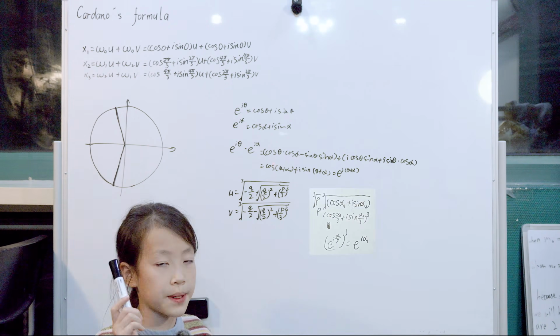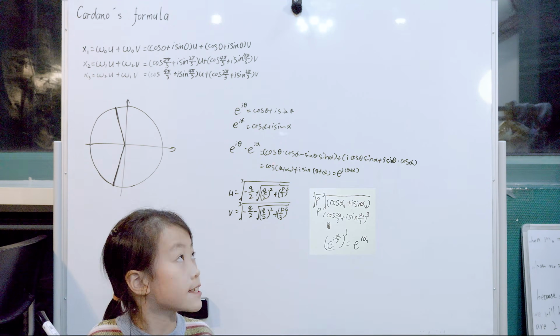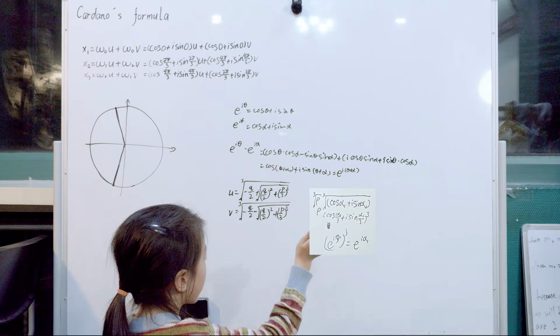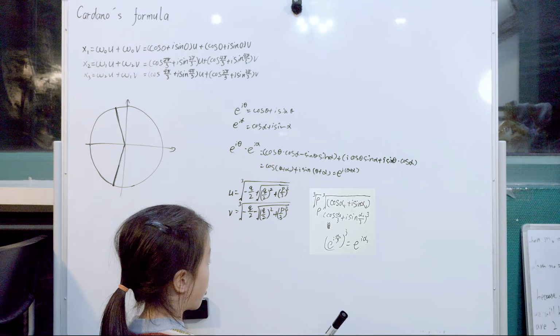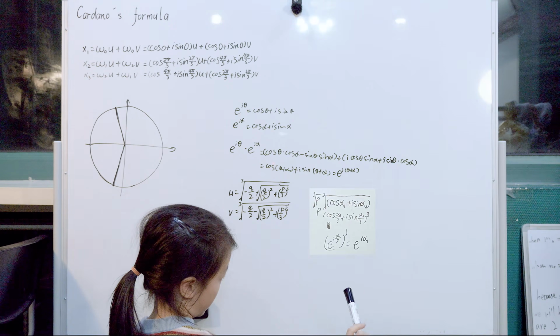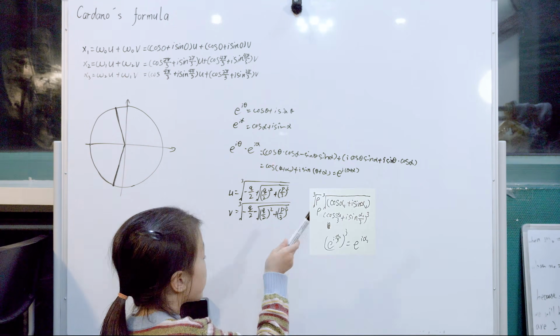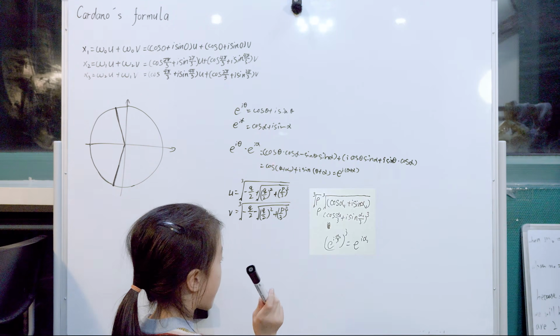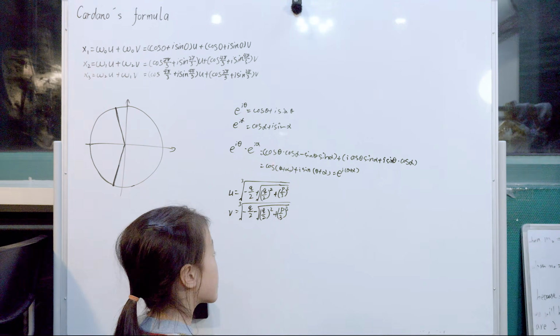Because this is a normal complex number, we can change it to rho times cosine alpha 1 plus i sine alpha 1 for u. And v, we can change to alpha 2. Remember the rho are the same because there's only a positive and negative difference.